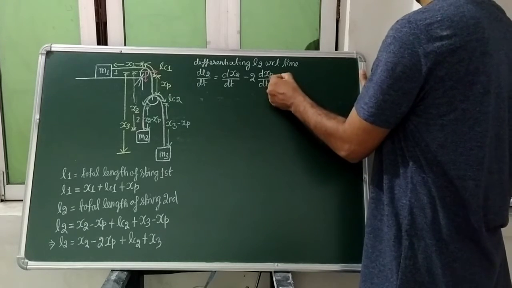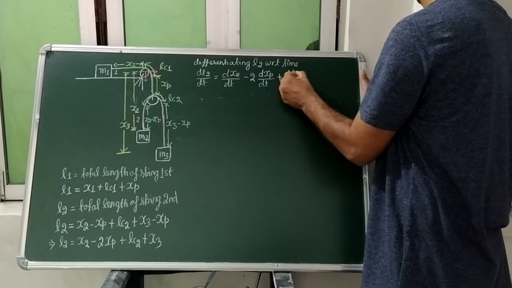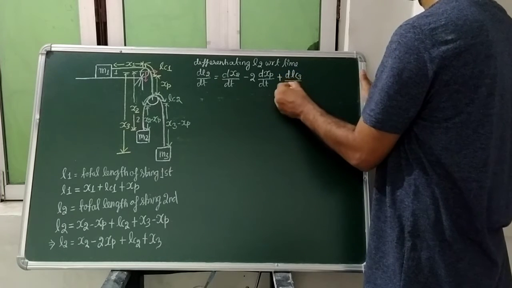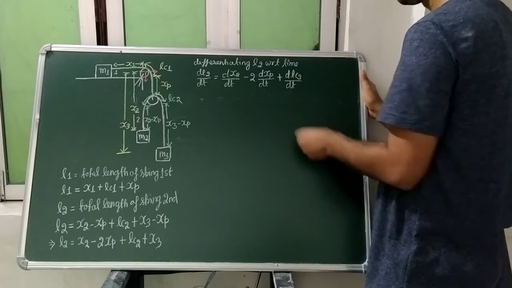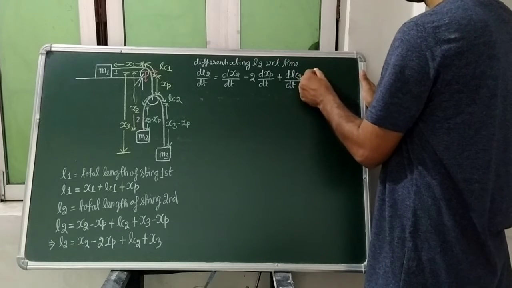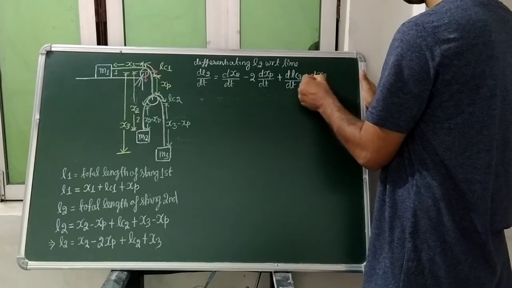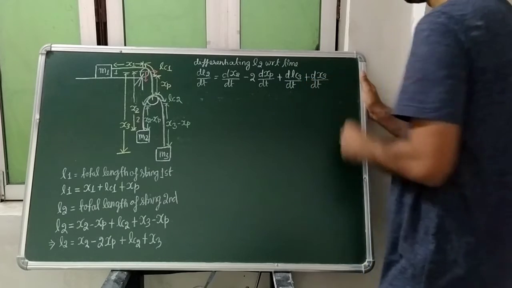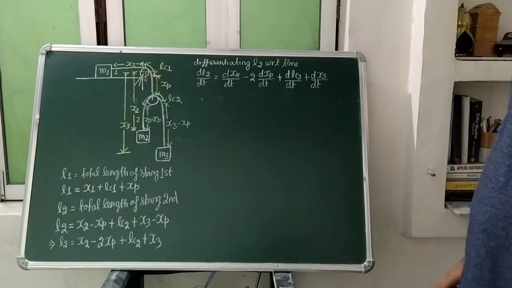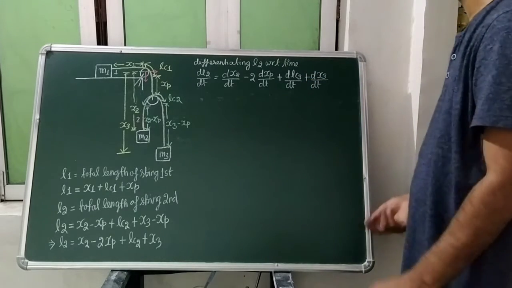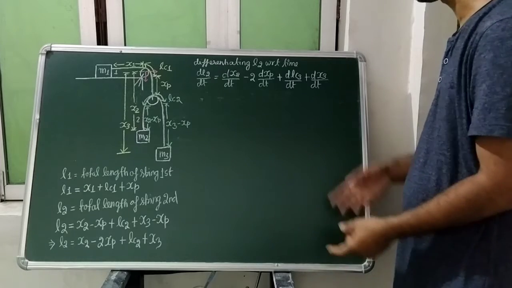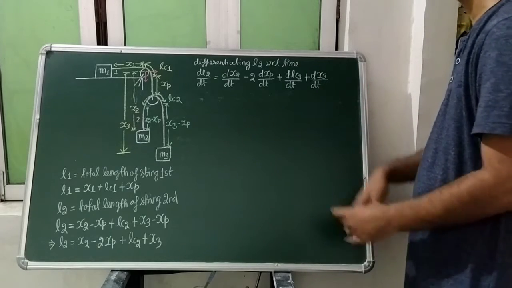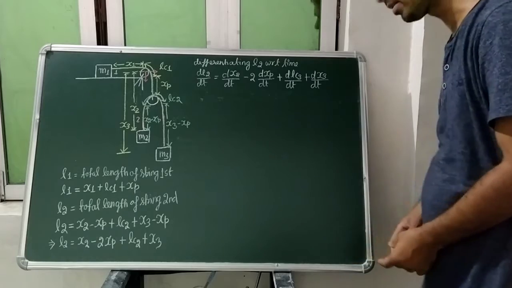So plus this dLC2 upon dt plus this dx3 upon dt. So what have we done, students? We have done nothing. We have differentiated L2 with respect to time.